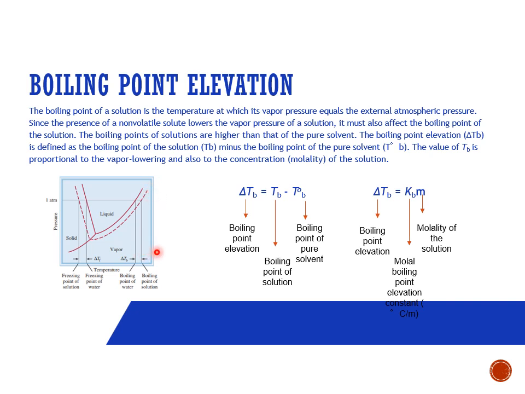So, ito na yung boiling point ng solution kapag may dinagdag ka. So, yung difference ng pure water dun sa solution, itong line na to, yun yung tinatawag na boiling point elevation.